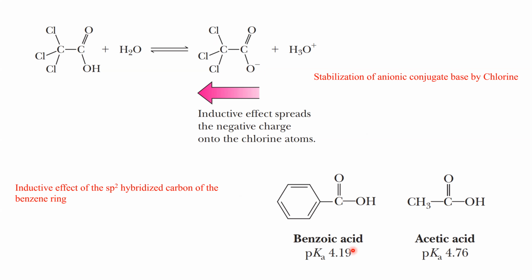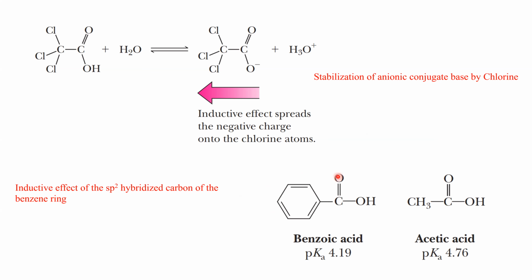Now there is another case of the inductive effect. Whenever we have a double or triple bond, they also have an electron-withdrawing inductive effect. So here this is the benzene ring, which is itself made of sp2 hybridized carbon. So that is also providing a good electron-withdrawing moiety, which again makes this carbon partial positive, right?